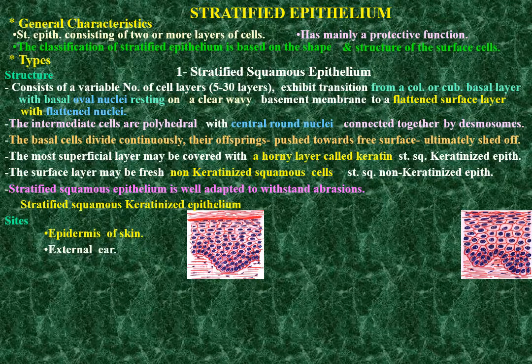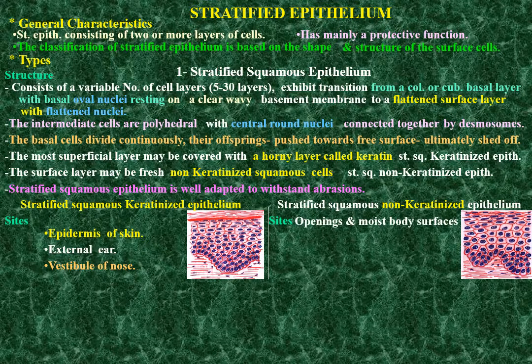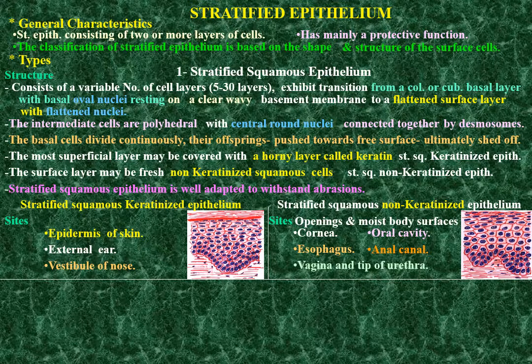Sites. Stratified squamous keratinized epithelium is found in the epidermis of the skin, external ear, vestibule of the nose, while stratified squamous non-keratinized epithelium is found in the openings and moist body surfaces as the cornea, oral cavity, esophagus, anal canal, vagina, and tip of urethra.